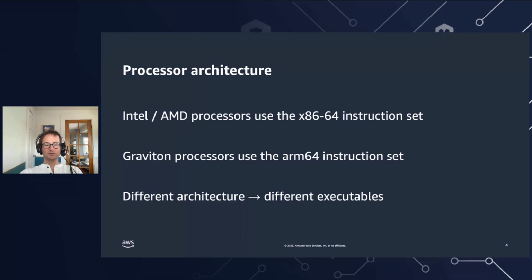The Graviton processors do not use that exact same instruction set. They use the ARM64 instruction set. And the fact that it's using a different architecture means that when you run applications on ARM64 on Graviton, you need different executables.